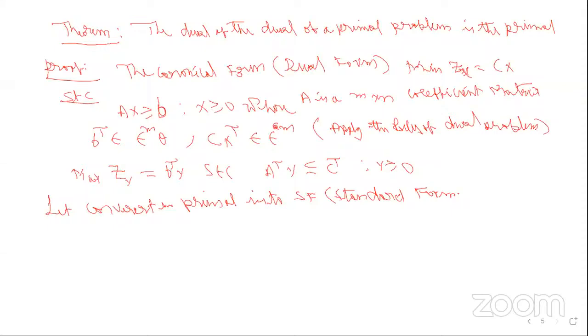Standard form. z of y star equal to minus z of y.